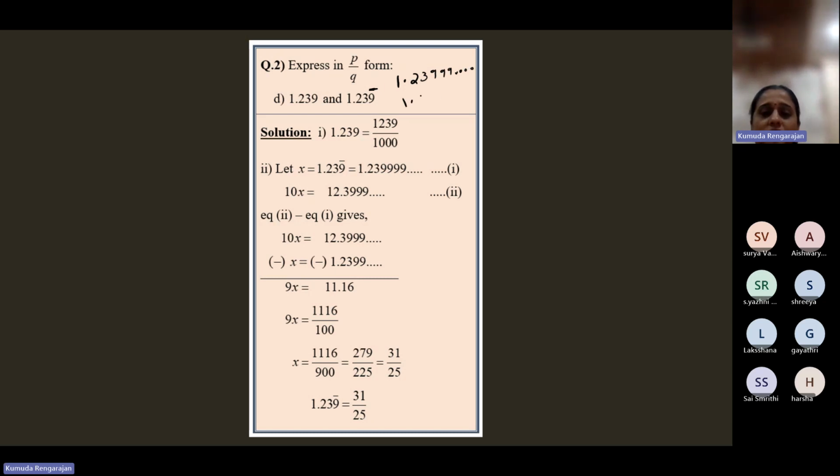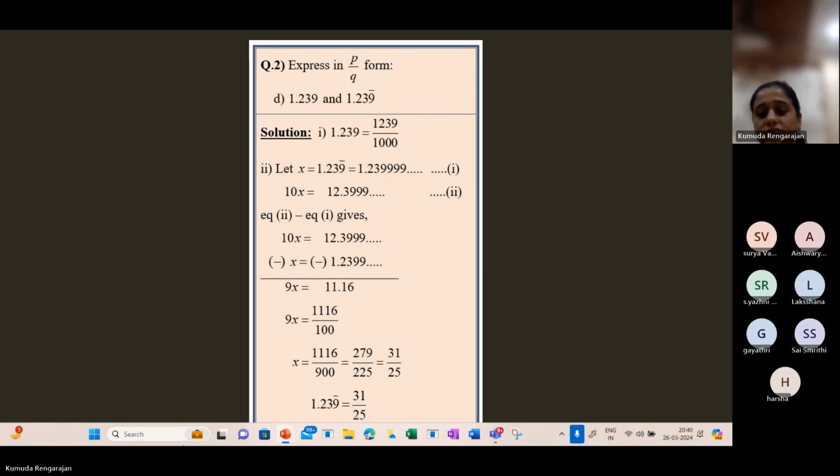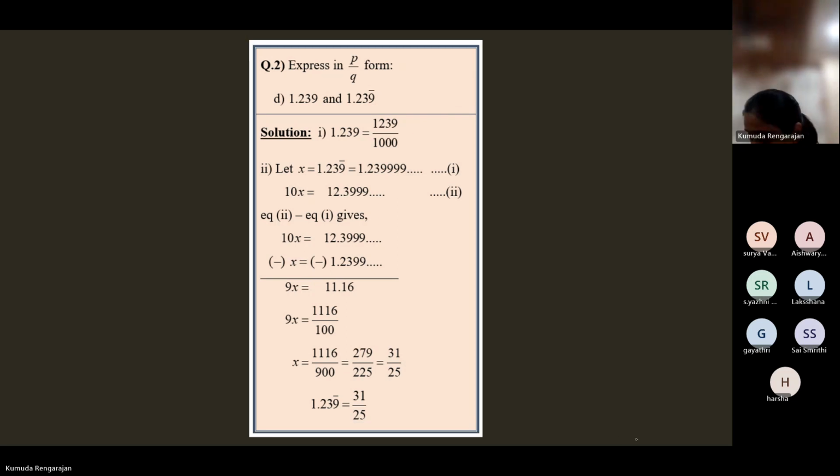So when you round off, you'll get 1.24. So when you divide 31 by 25, you will get 1.24. You will not get 1.23999. You will get 1.24. Please check.